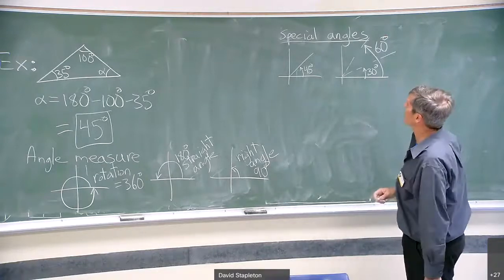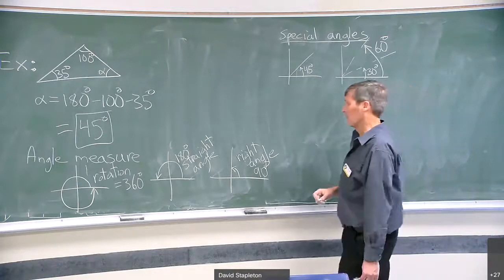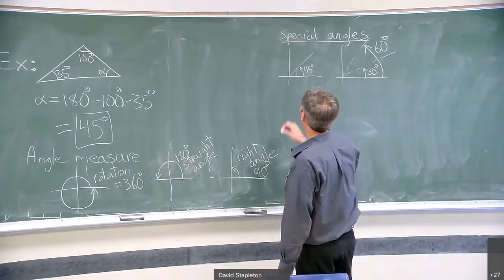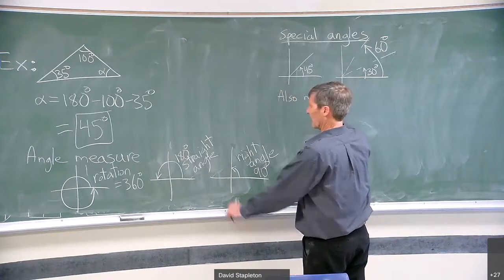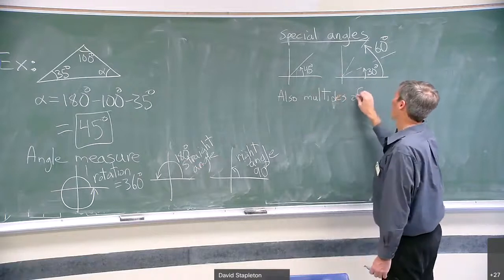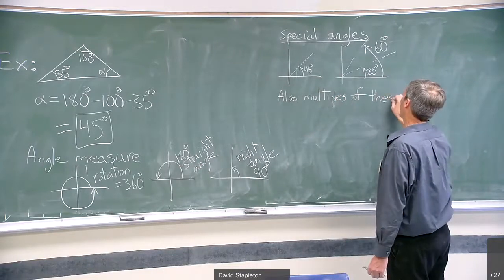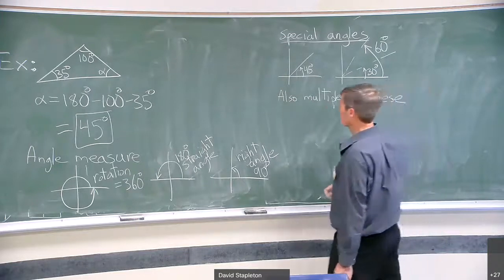Those come up extensively in nature and in engineering and so forth, right? So we're going to refer to those as special angles and say also multiples of these are special. So then all these angles are special too. These are going to be angles that we can easily find trigonometric solutions for in triangles.